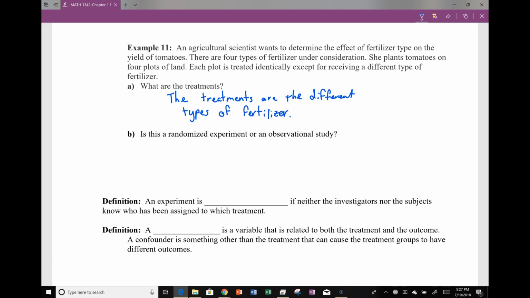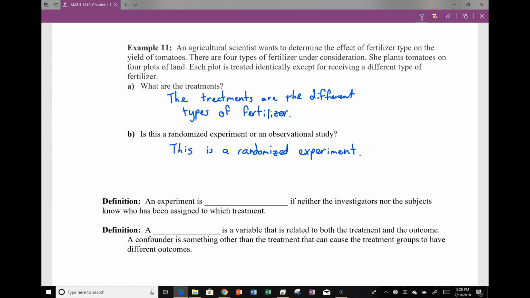And in this case, this is a randomized experiment because of the fact that you do get to select field A gets the fertilizer from Miracle-Gro.